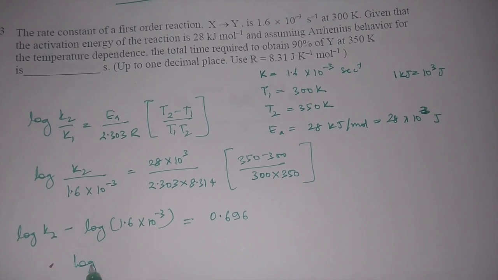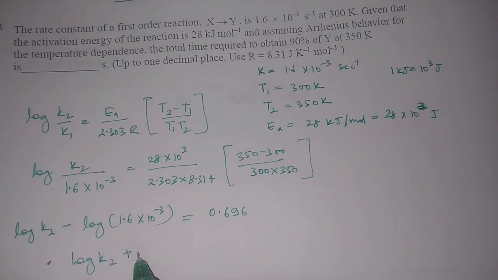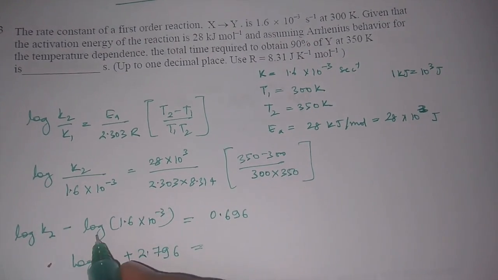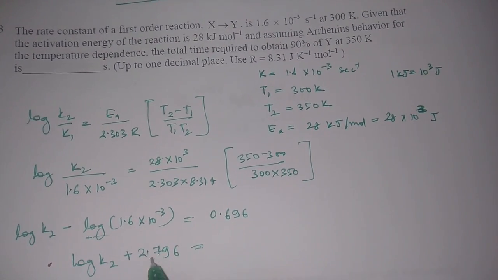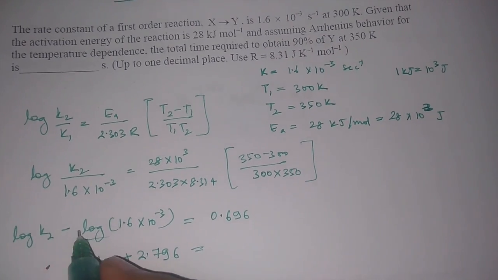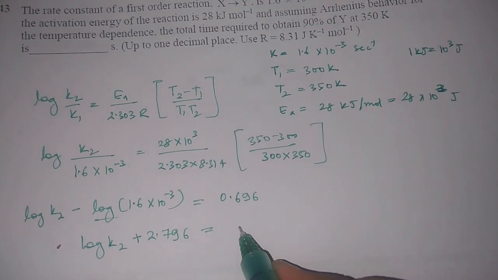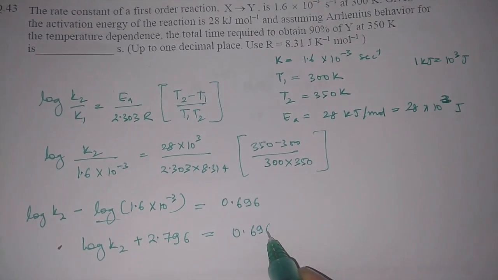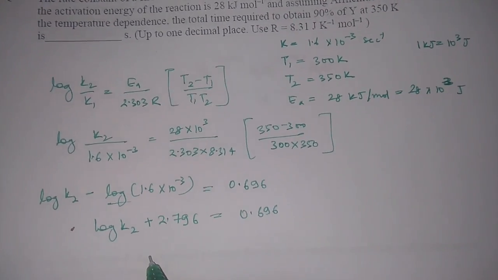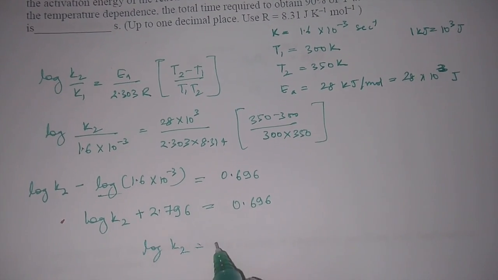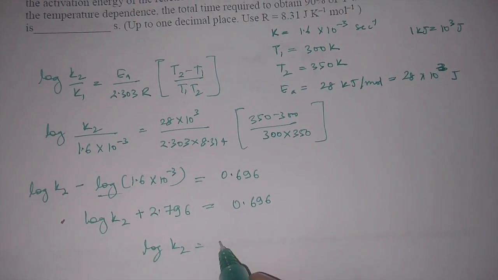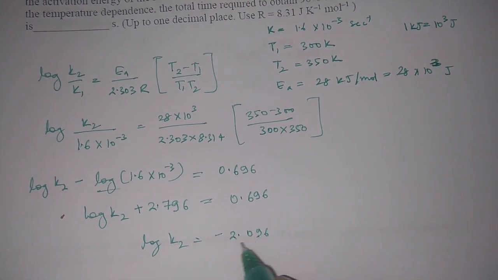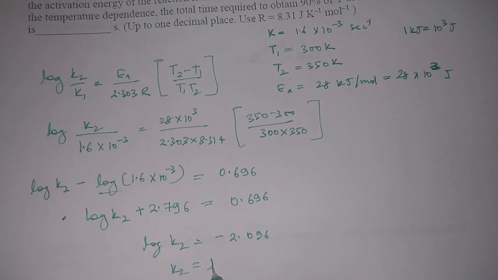So you will get log K2 plus 2.796, and this minus and that minus will become plus, and over here you have 0.696. So your log K2 will become, when this term goes to the other side, minus 2.096.